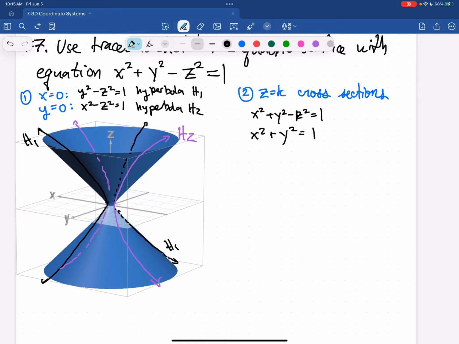Oh, shoot, sorry, I put z squared there. I meant k squared. Okay, so then we get 1 plus k squared. And both sides of this are always positive. So that means that there's going to be no limitations on k.